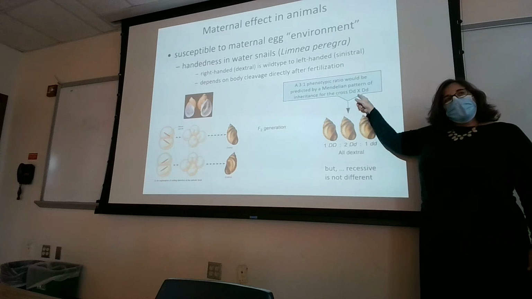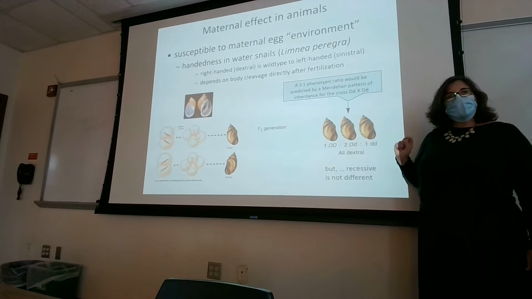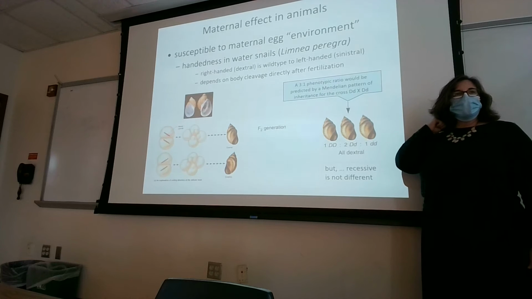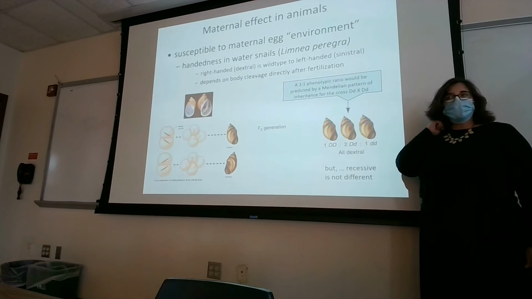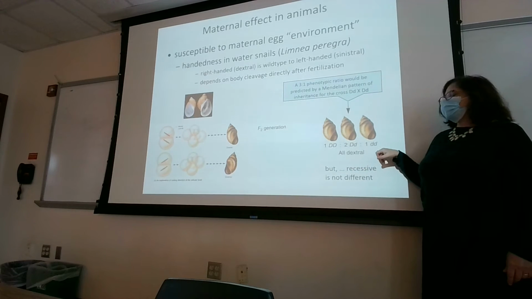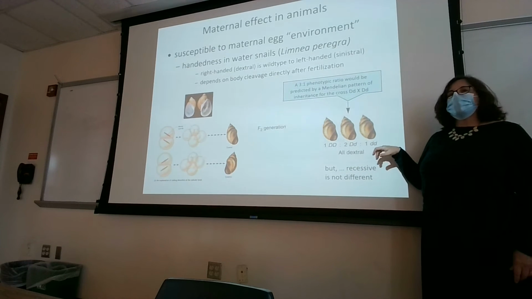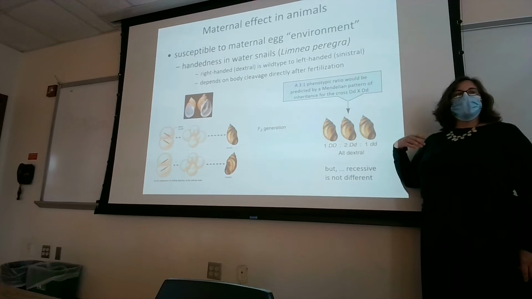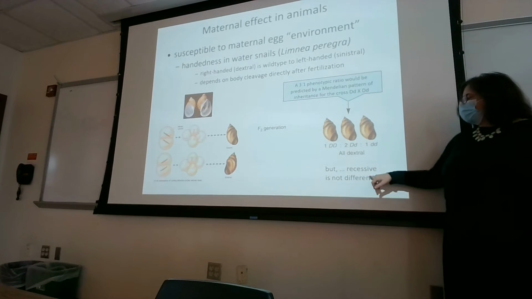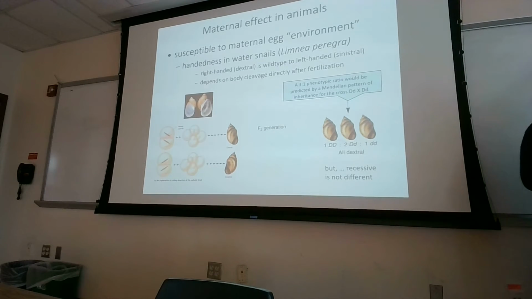So even though it's like a monohybrid cross, you never see that recessive because the mother is dominant. Okay? So your whole F2 generation does not give us a 3-to-1 ratio. It gives us a 100% ratio based on the mother's genotype. So no recessive in that F2 generation.